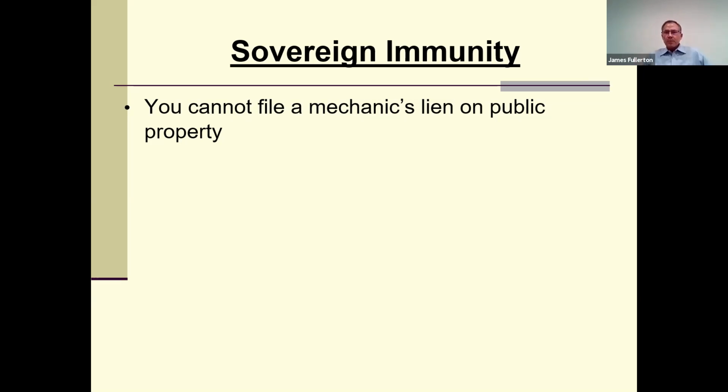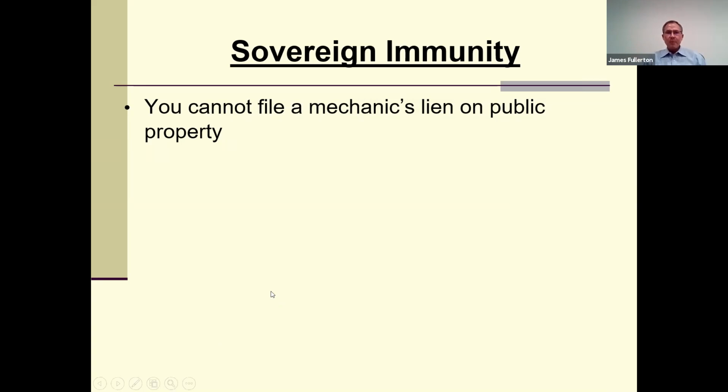So this was a problem on public projects. Since there were no mechanics lien rights, it was difficult to get material suppliers and contractors to lend money. It was difficult to get them to bid on public projects because they were lacking that security.